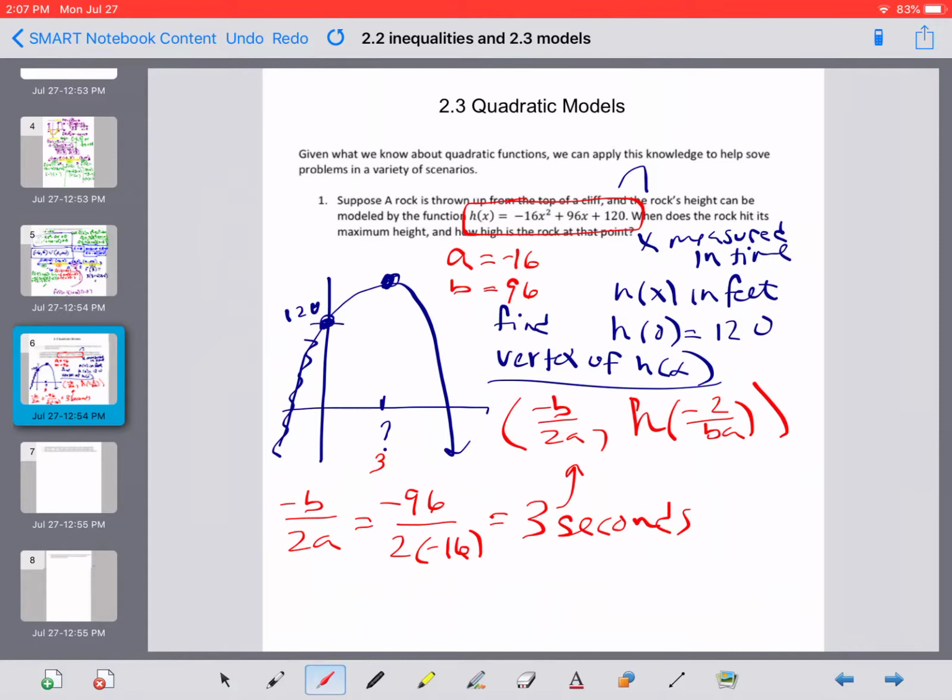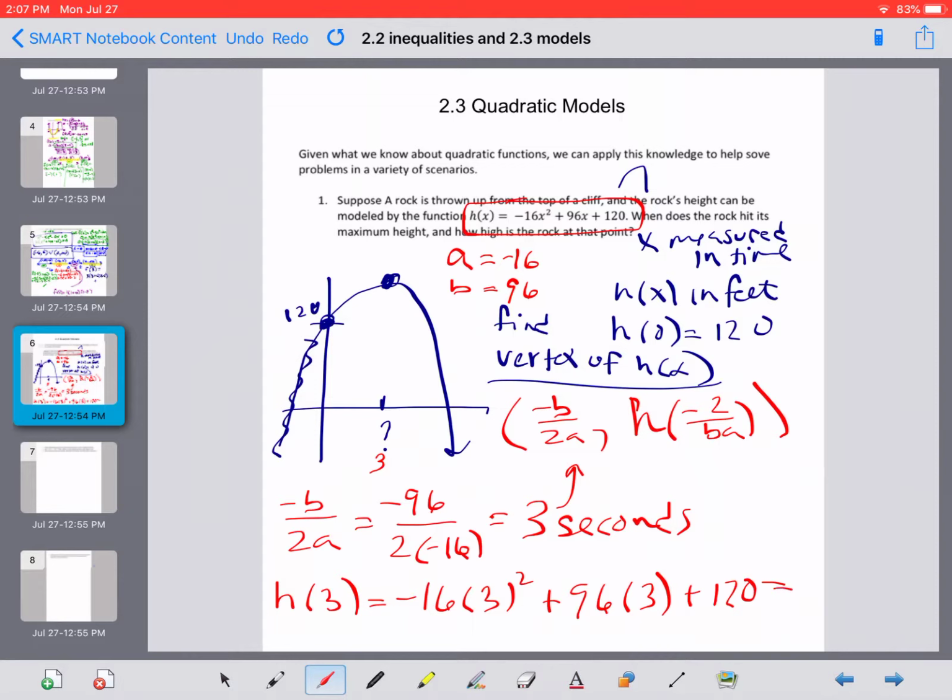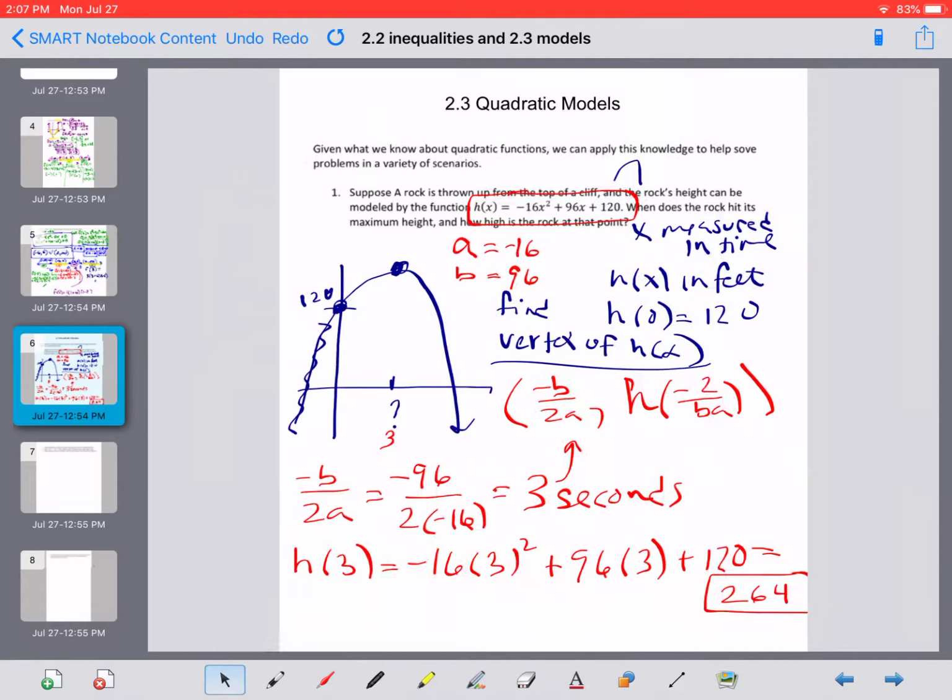To find the actual height itself, we need to plug that x value of 3 into the function h of x. So h of 3 is going to be negative 16 times 3 squared plus 96 times 3 plus 120. You might have to do a little bit of scratch work here or use a calculator, but you should get 264. So it's got a maximum height of 264 feet.